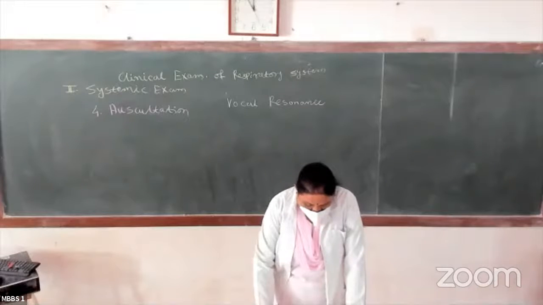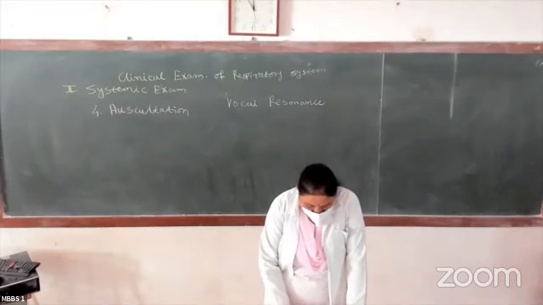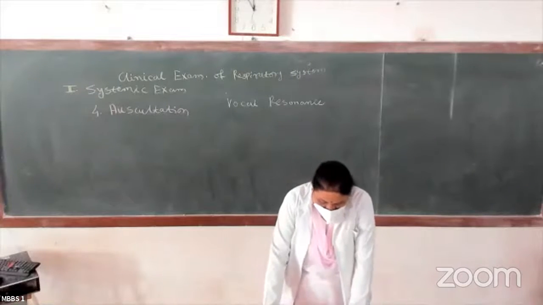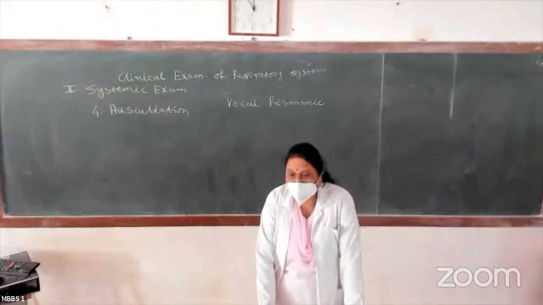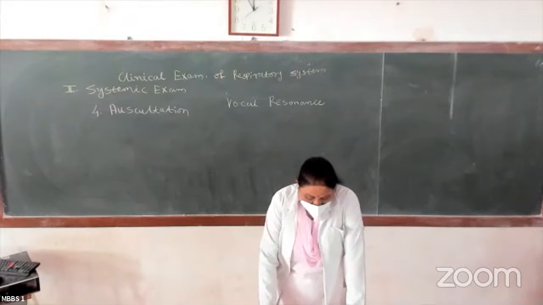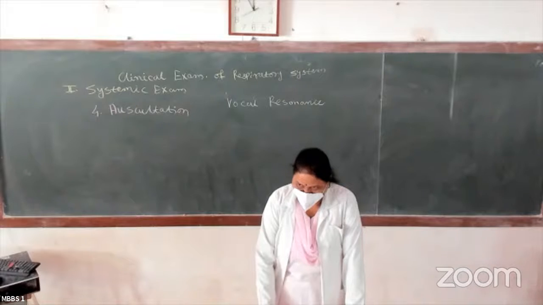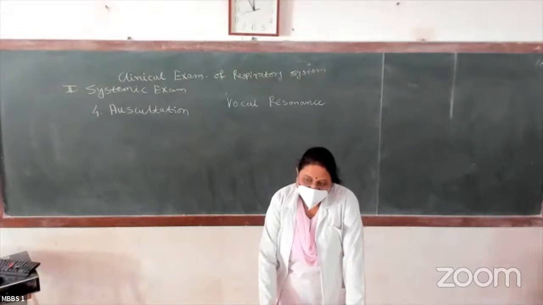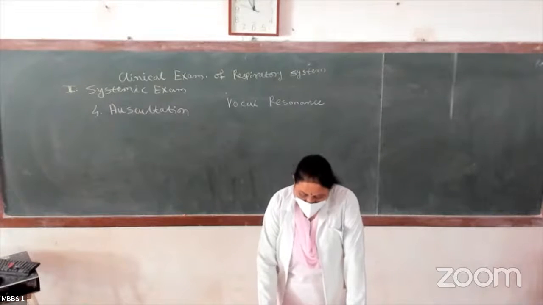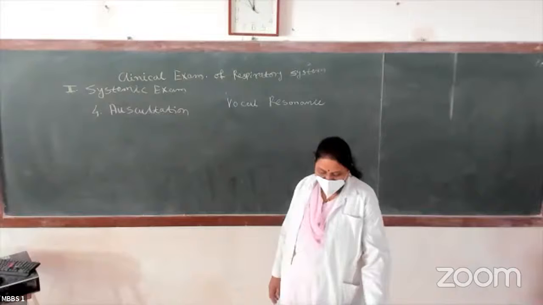Vocal resonance increases where lung conductivity is increased, like in consolidation of the lungs, and decreases in pleural effusion. TVF also increases in lung consolidation and decreases in pleural effusion.